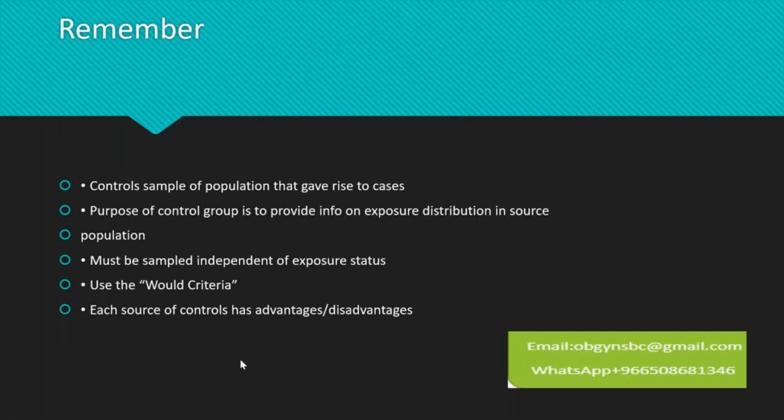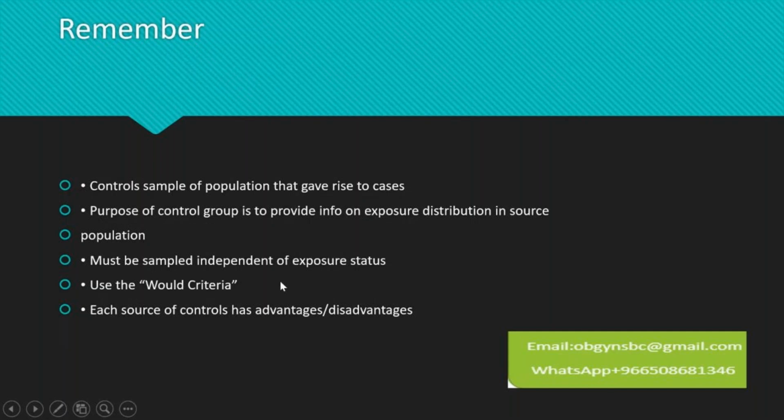You should remember that the controls are a sample of the population that gives rise to the cases, and the purpose of the control group is to provide information on exposure distribution in the source population. The controls and the cases must be sampled independent of the exposure status.